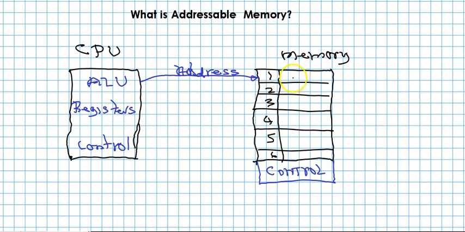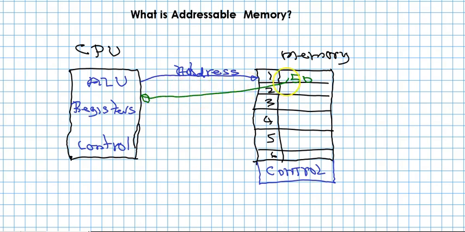Now at the moment there's nothing in that location, but let's pretend that there was something there. Let's say there's the number 50, whatever that might be. So that 50 has to be released back to the CPU.